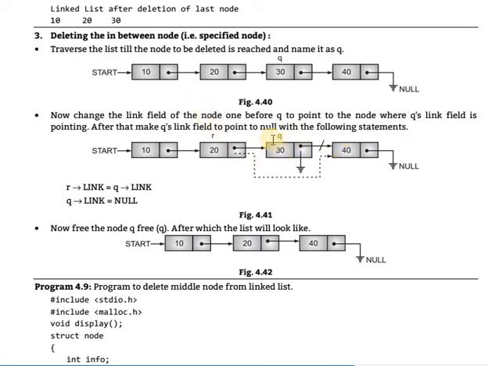Queue's link points to null, so obviously that element will be removed and this node is automatically connected to the next node.